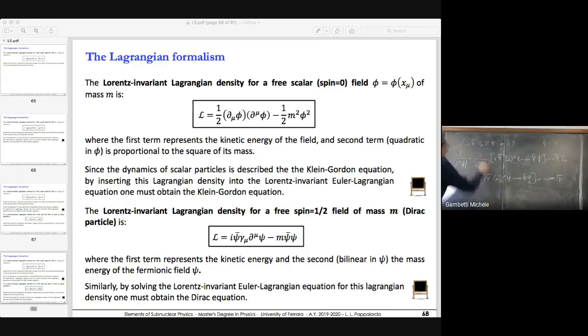Let me put everything together into the Euler-Lagrange equation: ∂_μ (∂L/∂(∂_μ ψ)) minus ∂L/∂ψ equal to 0. Let's substitute all our pieces.